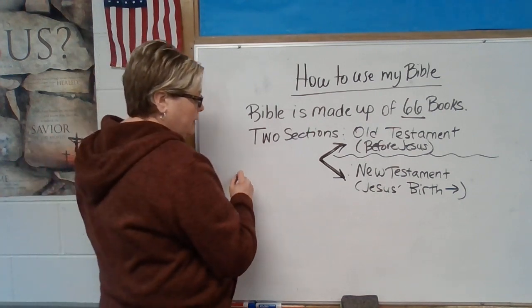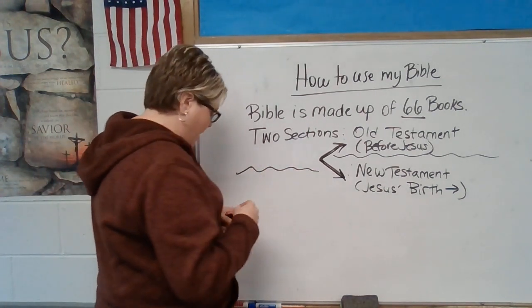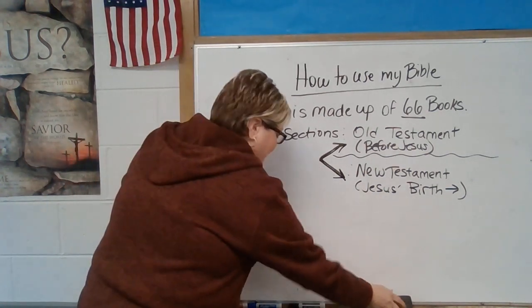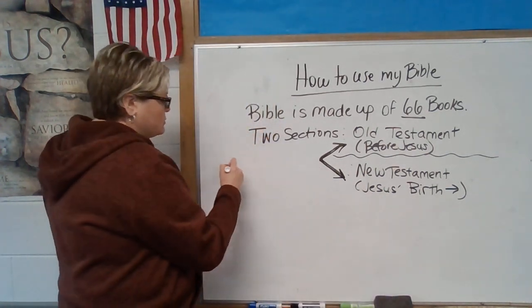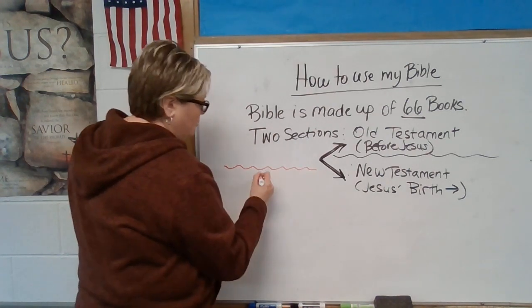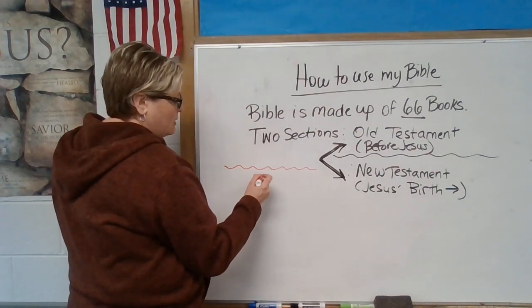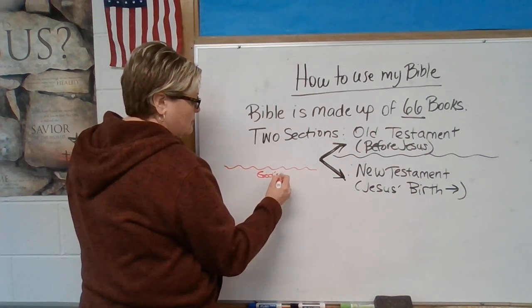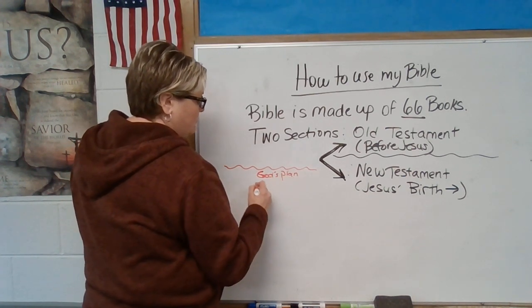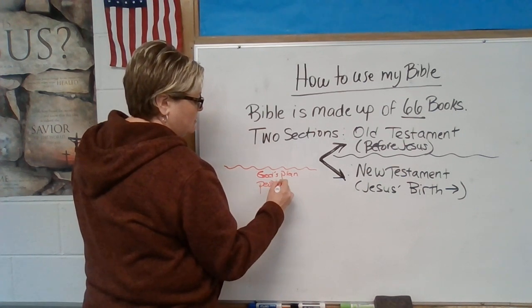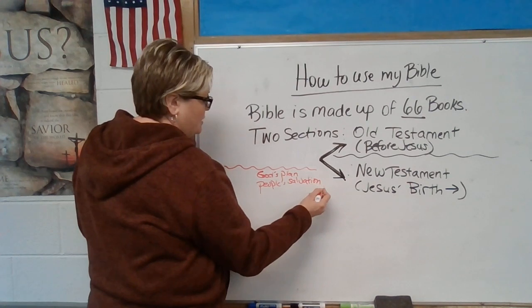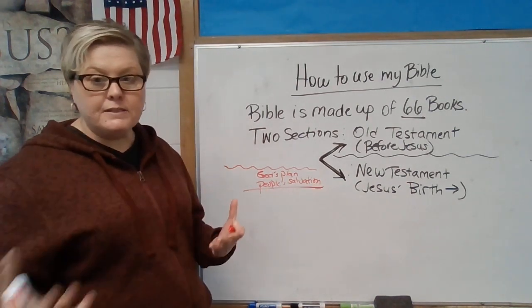So there's one common thread that runs through the entirety of the Bible, and that is God's plan for people's salvation, how he's going to bring them back to himself.